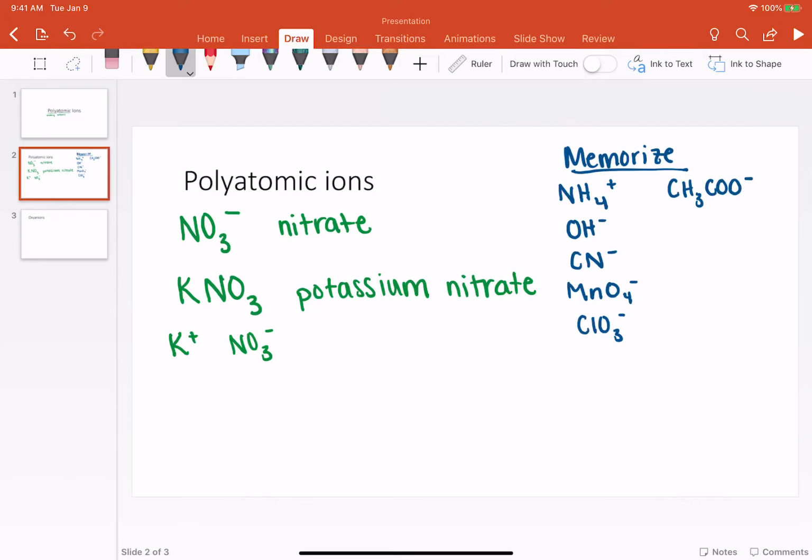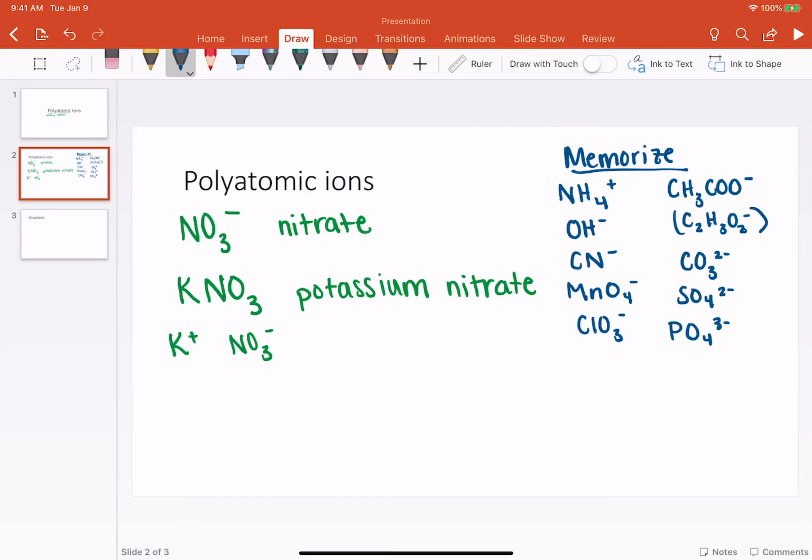Another way that you might see that written is C2H3O2 minus. So just recognize that as the same thing. CO3 2 minus, SO4 2 minus, and PO4 3 minus.